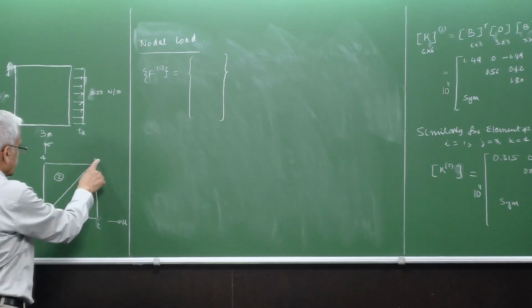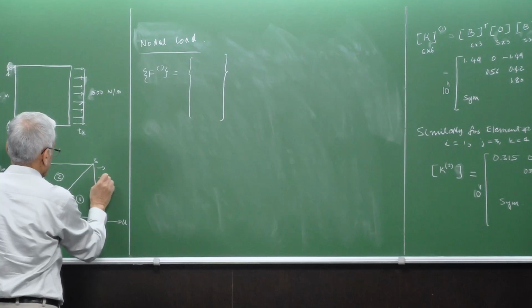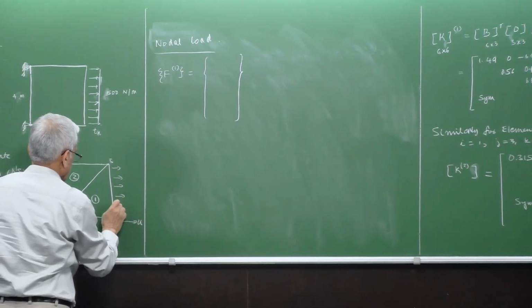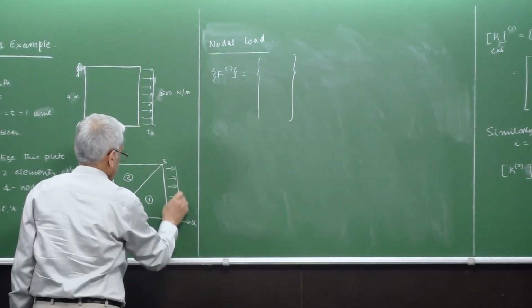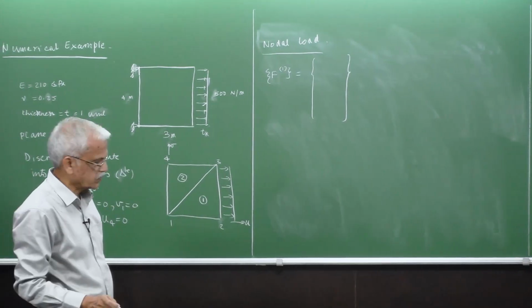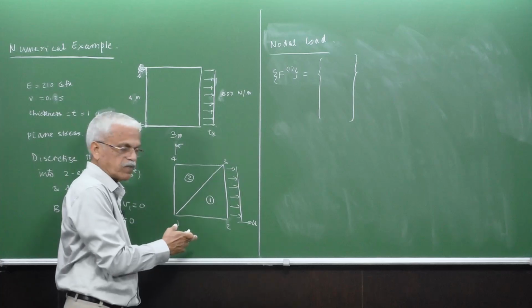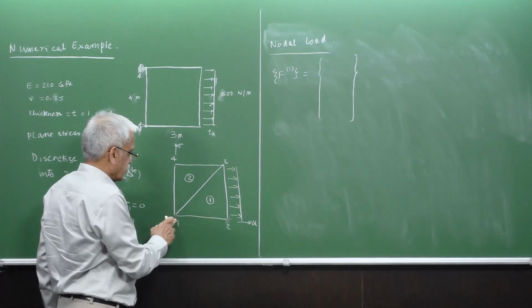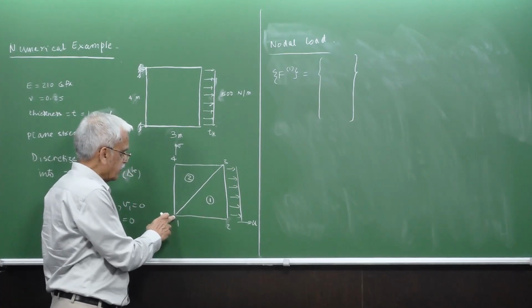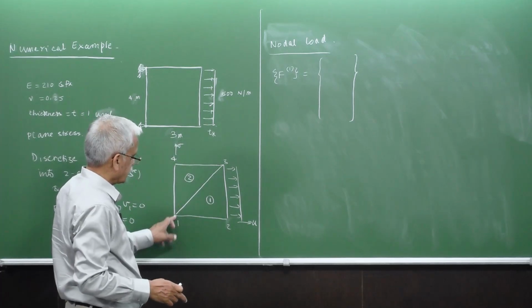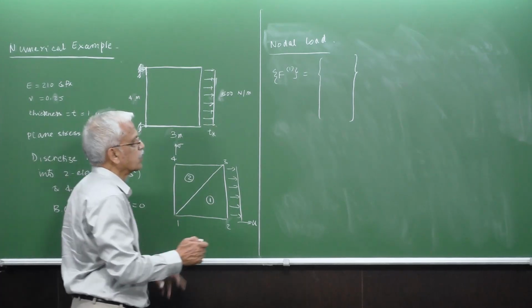Which will consist of, okay, so what it will consist of? So there is a force here. There is the distributed traction here. There is no other force. There is no body force here. So on 1, 2, for example, so what will be here? As far as this side is concerned, there is no load here.